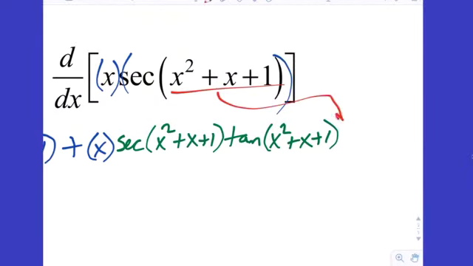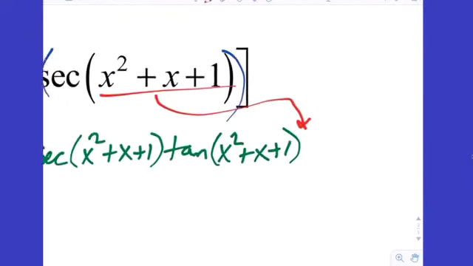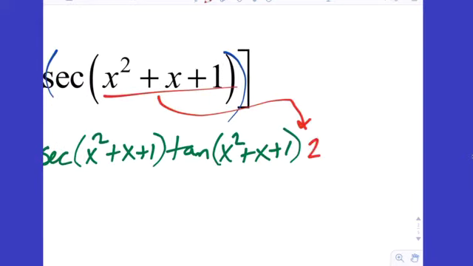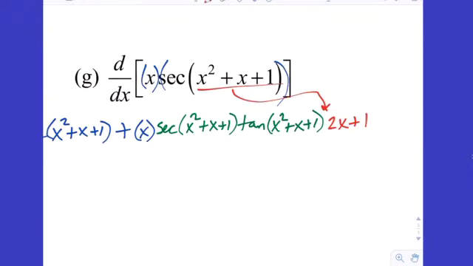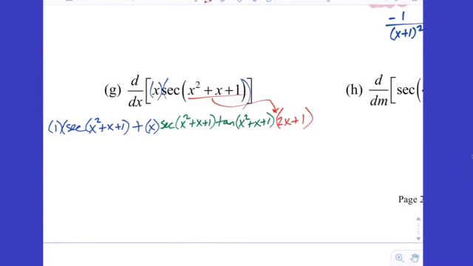Now we're going to multiply times the derivative of the blob, which is what? 2x plus 1. Now notice how I wrote it there at the end. That would be losing it at the very end. What should 2x plus 1 be inside of? Parentheses. Otherwise, that last term is only multiplied by the 2x, and the plus 1 becomes its own little term when it's not. Okay? So there's the answer.